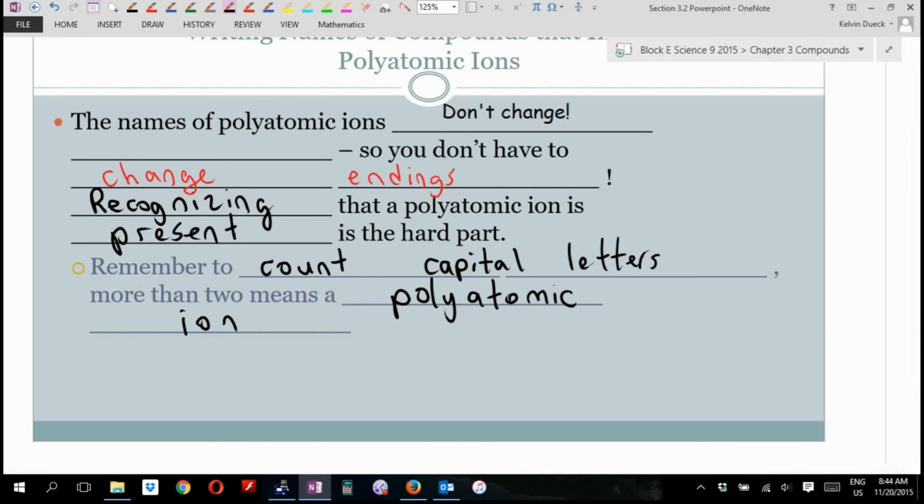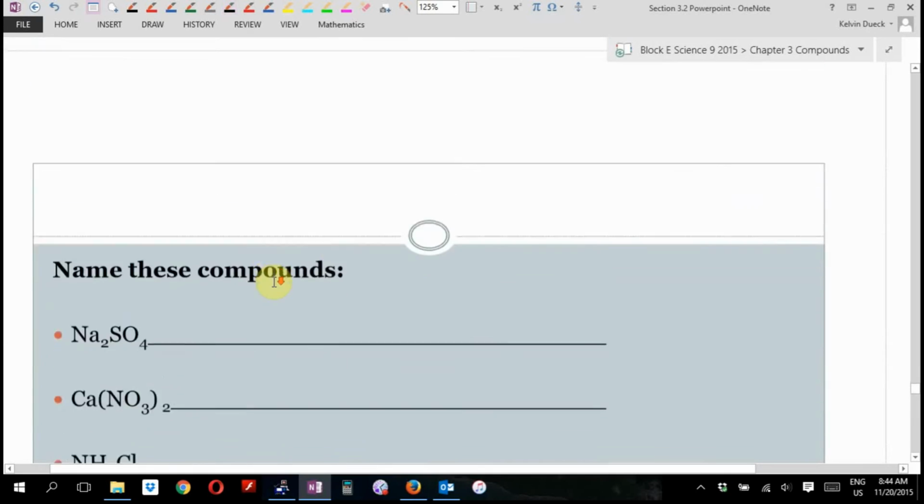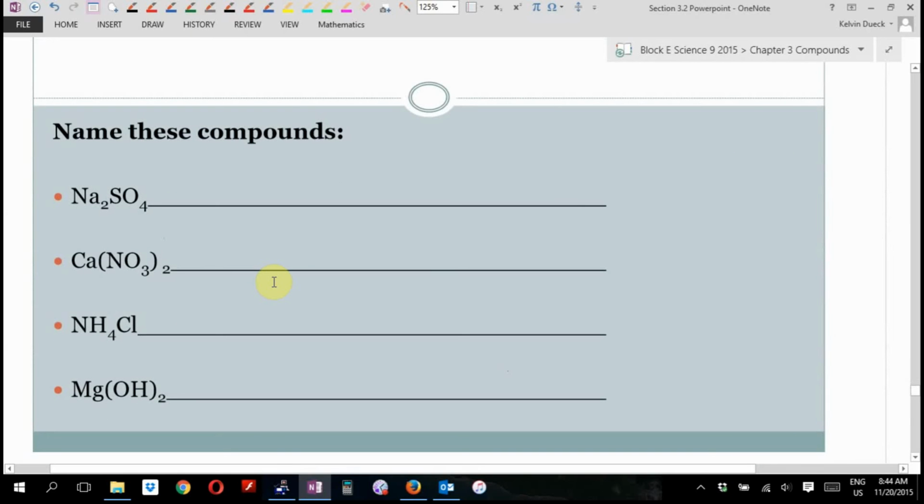All right, let's try some of these. I gave you guys a little chart, I think. Four of them there, right? Name these compounds here. So I would first of all say, ding, ding, ding, I see more than one capital letter. This is ionic because it's starting with a metal. What would you call this?